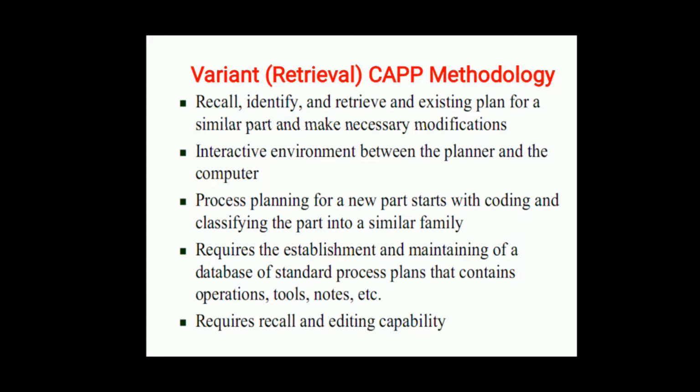It contains the different operations we are using, tools, notes, and information regarding geometry. Fifth, it requires recall and editing capability. Whatever variant computer aided process plan we make should have recall and editing capability for further processing. So this is the methodology for variant CAPP.